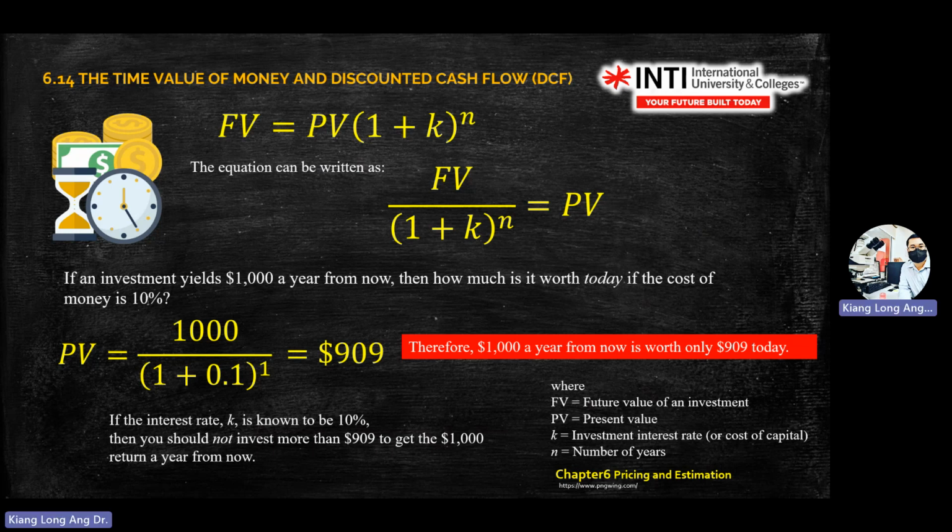Why? Because the 1,000 one year later only has a present value of 900. So if you invest more than 909, it means you actually lost money already.